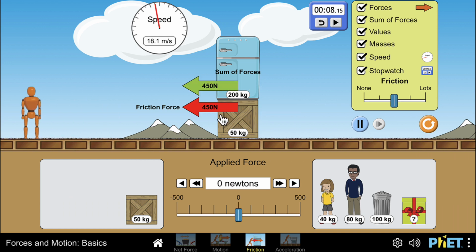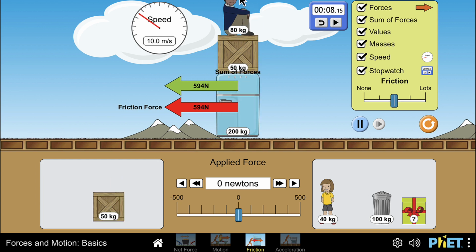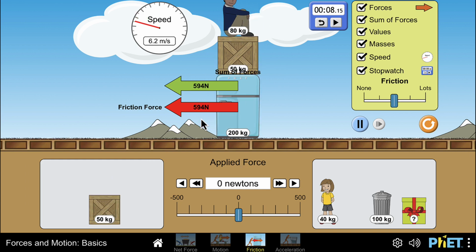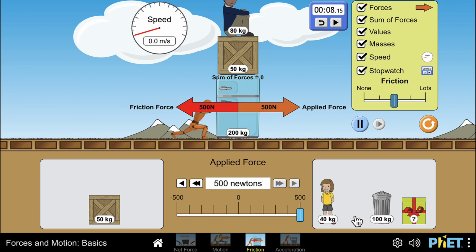Why do you have so much friction here? Because when you increase the mass for the same surface, you will have bigger friction. Now, even with 500 Newton force, I can't get this to move because of the amount of friction. The static friction here is so high, I cannot get this to move.